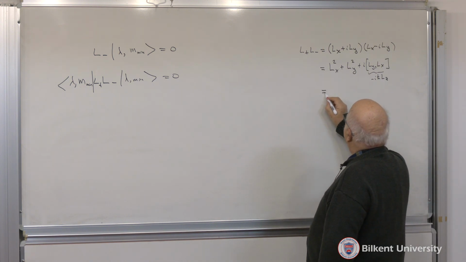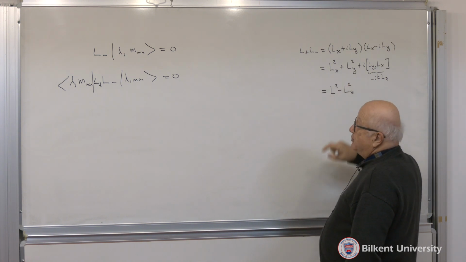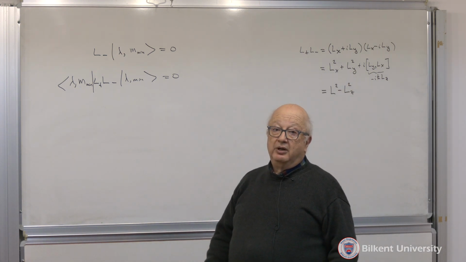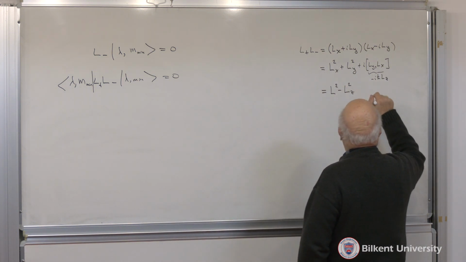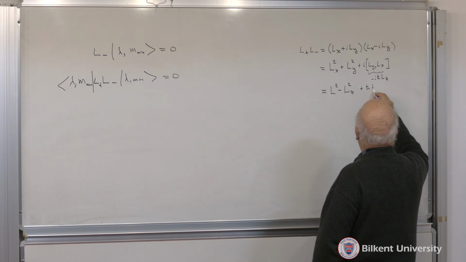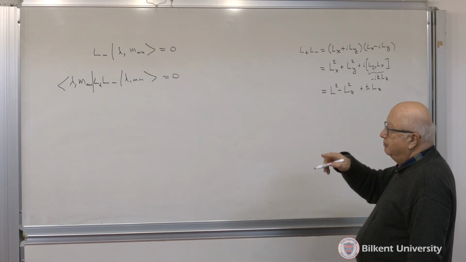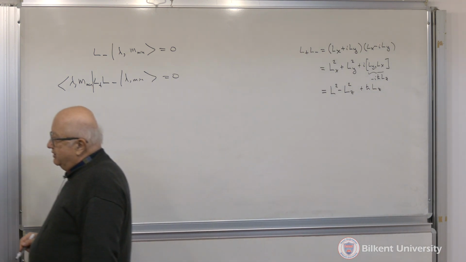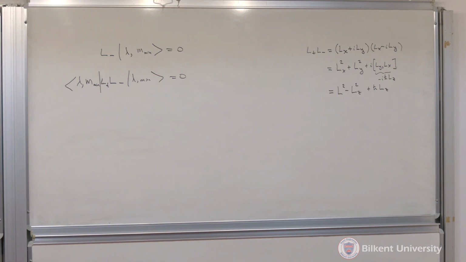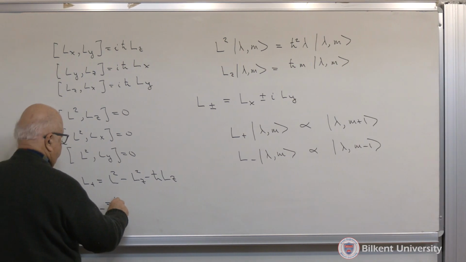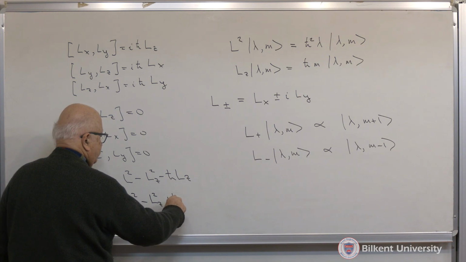So the whole thing is equal to L squared minus Lz squared, since Lx squared plus Ly squared is total L squared minus Lz squared. And then here I get plus h bar Lz. Just to be symmetric, let's put down L plus L minus over here: L plus L minus is going to be L squared minus Lz squared plus h bar Lz.